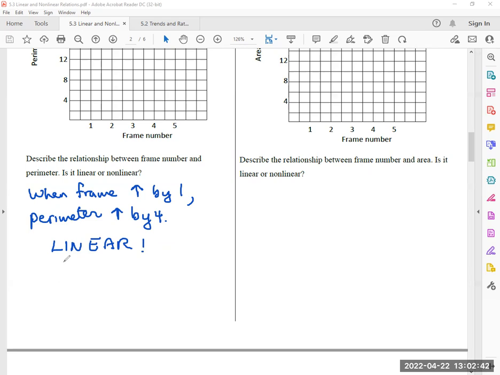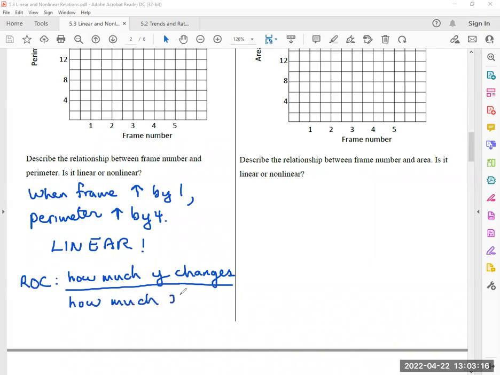And just because I think it will be good for some people to see this, I'm going to add a little bit extra here. Rate of change. In this case, if you remember the definition I gave you last class, I said rate of change is basically how much y changes over how much x changes.